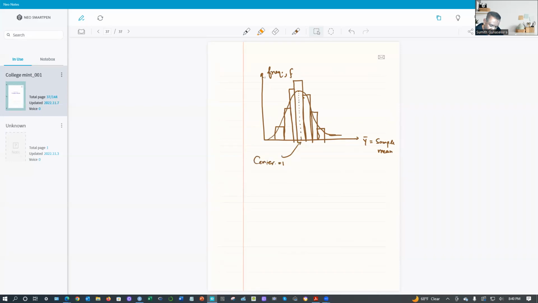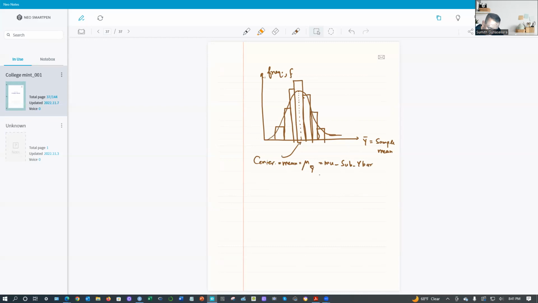The mean. How do you denote the mean? The mean is mu sub y bar.